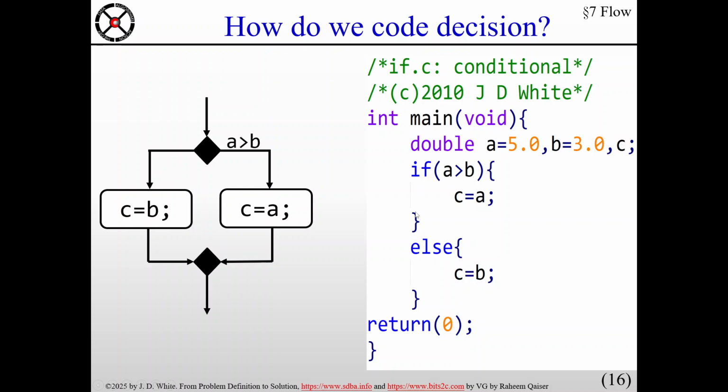The if condition is ended with this. Then the else condition starts. If that's not true, then it will run this part. Again, this curly bracket, put the value of B into C, semicolon, curly bracket. Okay? So that would be how we would code a simple decision.